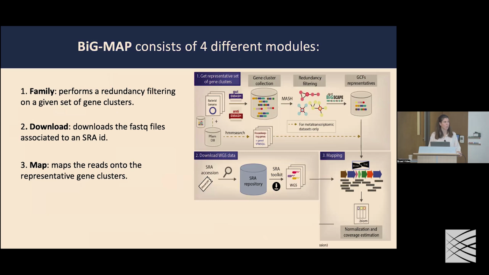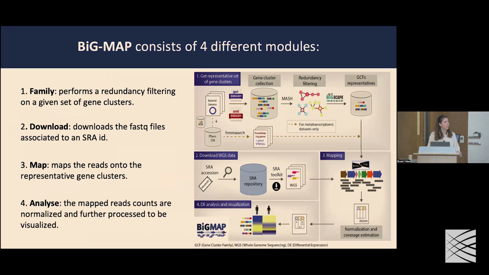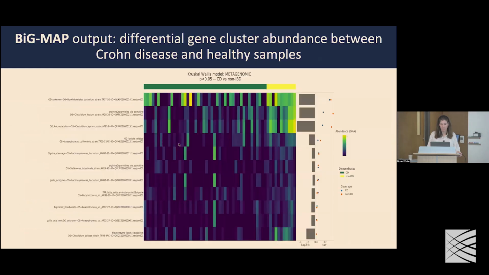Basically, we align either the metagenomic reads or metatranscriptomic reads to the representative gene clusters to have an alignment. And from here, we normalize and further process the mapped reads to be able to visualize the output.